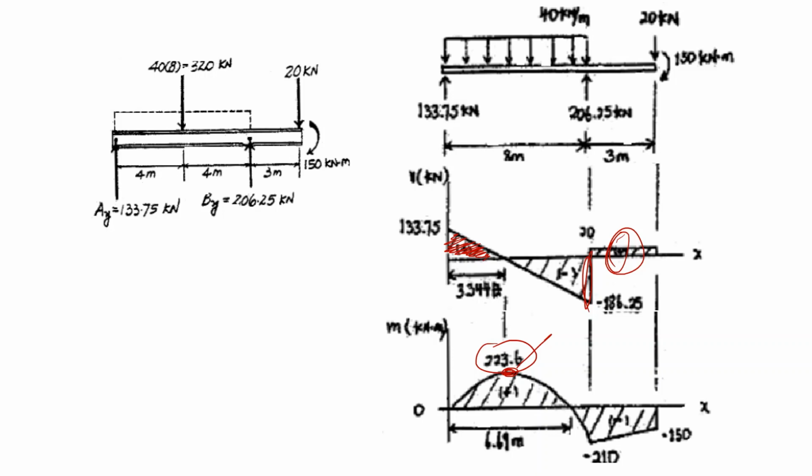And when you're interested in this value, then you have to calculate this negative area. So starting from here, with this negative area, you go down to minus 210, and that will be the solution for this problem.